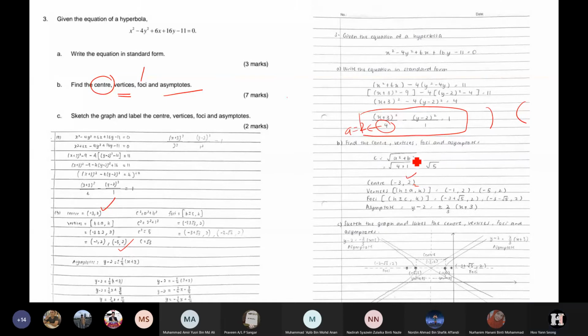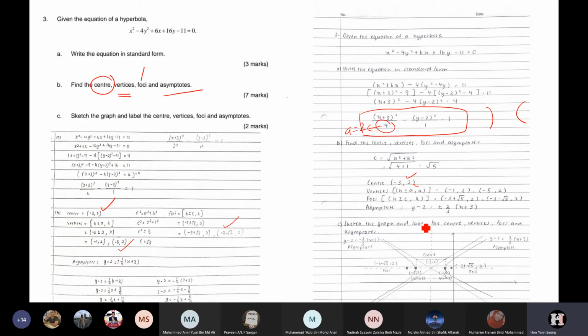And one more thing: because we are human beings, normally we have C equals the square root of A squared plus B squared, but sometimes people will write 1 plus 4. That doesn't matter, because A squared plus B squared is also the same as B squared plus A squared. So sometimes when you tally, there may be some problems, but they can be interchangeable. So this one is 5, so you have -3 plus 5 and -3 minus 5.